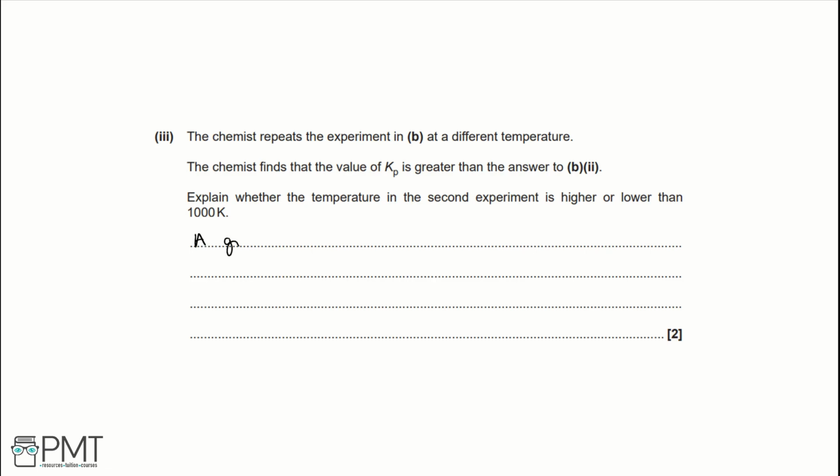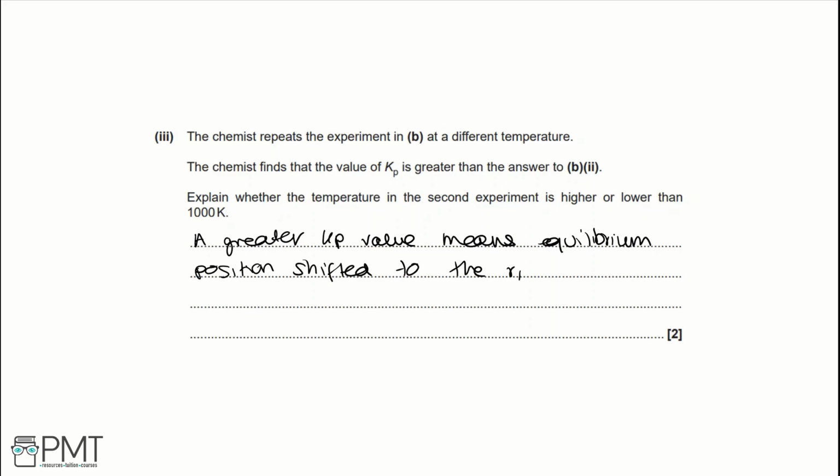So, because a greater Kp value is found than the answer to B Part 2, this means that the equilibrium position is going to shift to the right. And so that means that we're going to use a lower temperature. We're using a lower temperature because the forward reaction is exothermic. And we know that it's exothermic because its delta H value is negative. So that means it's going to be an exothermic reaction.